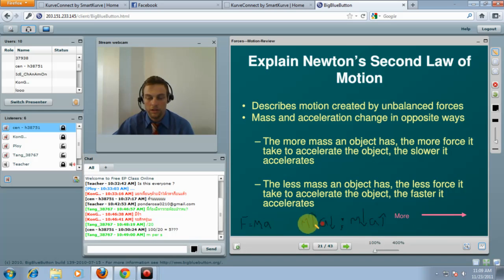So these are inverse, but you don't need to know that. If you want to read this over, you can, but hopefully this makes a little bit more sense. If you increase mass, it's slower, the acceleration goes down. If you decrease the mass, it's faster, the acceleration goes up.